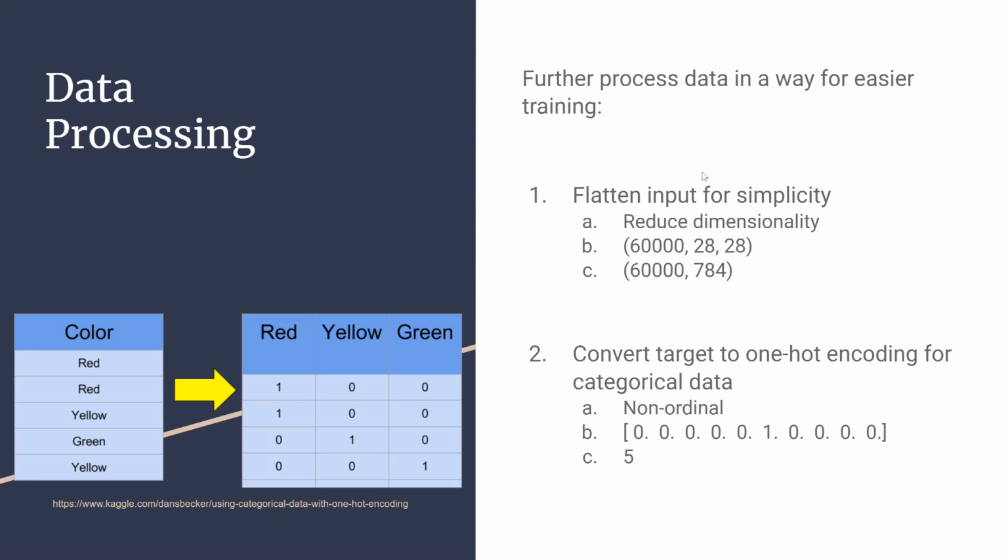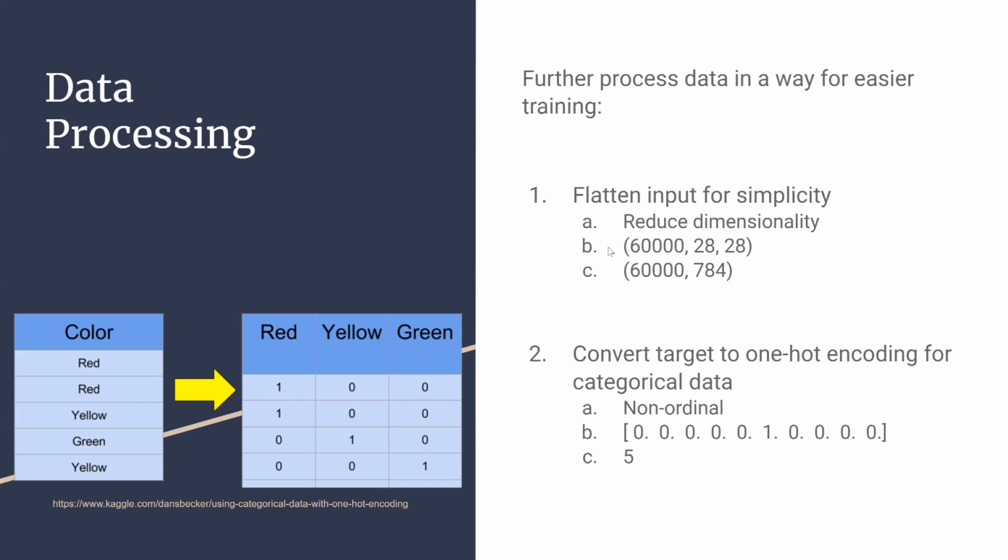This is just to allow for easier training, right? First, we want to simplify the data a bit. So we flatten the input, or we can say that it's reducing the dimensionality of it.